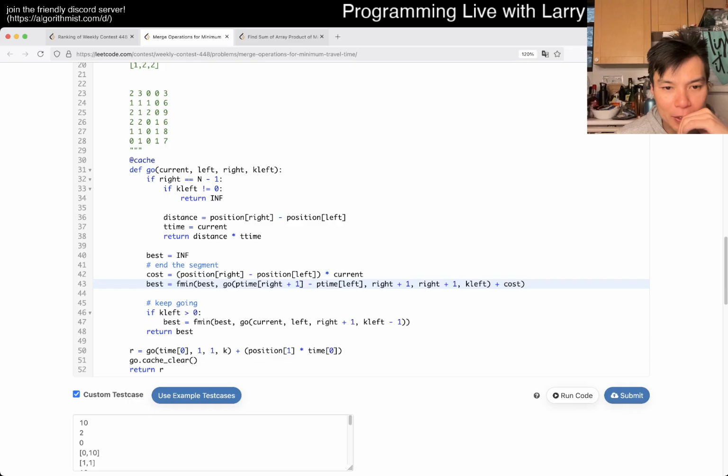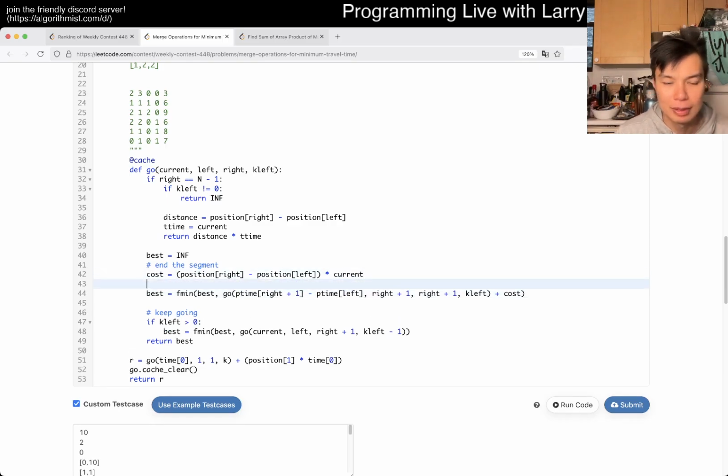Then we update the current time. Is this the right? I think the delta is right. The current should be right if we update the current correctly.